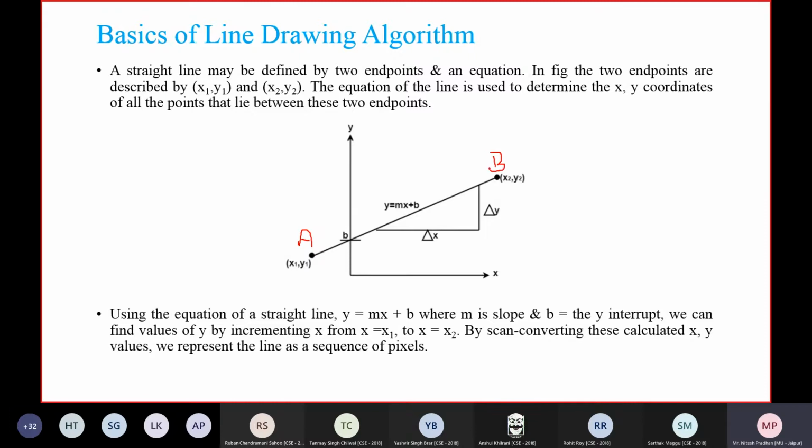Initially we have only these two coordinates, and if you want to display this on a raster screen, raster is nothing but a collection of grids. Grids are nothing but rows and columns, something like this.